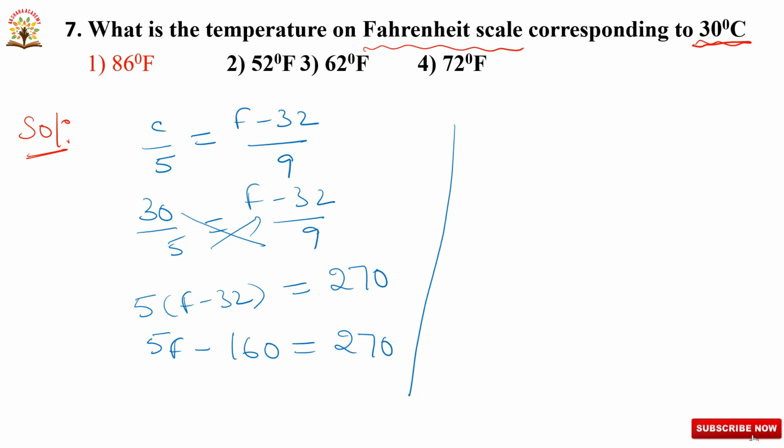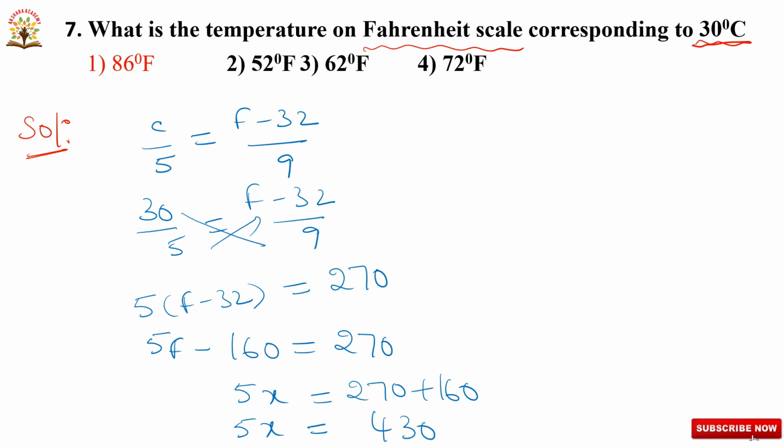So 5F is equal to 270 plus 160, which is 430. So F is equal to 430 by 5.